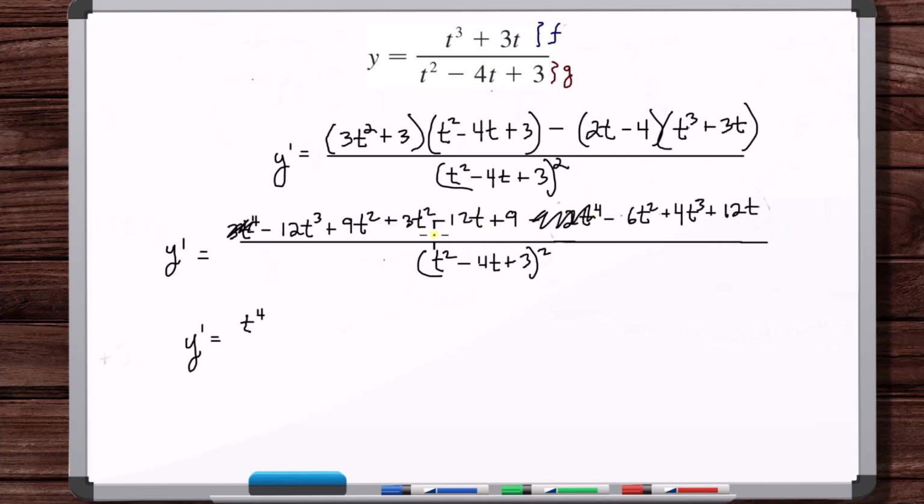All right. Minus 12t cubed plus 4t cubed is minus 9t cubed. Okay. 9t squared plus 3t squared is 12t squared. Minus 6t squared is 6t squared. Okay. Minus 12t plus 12t is 0. So plus 9.